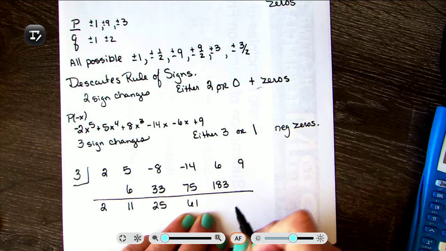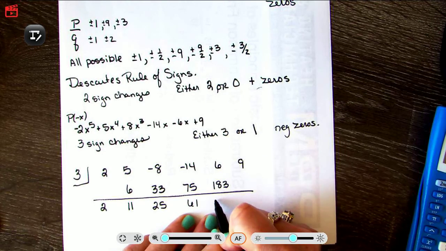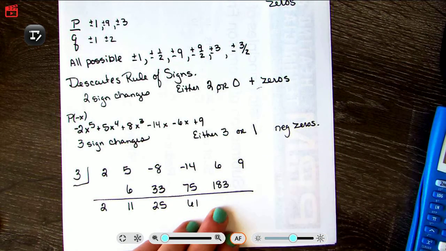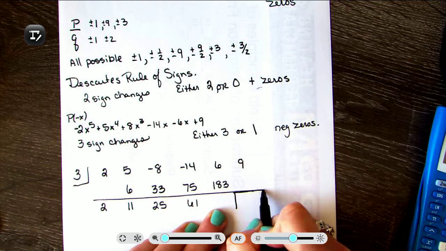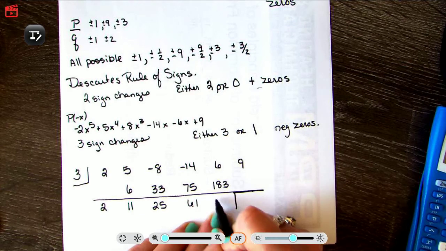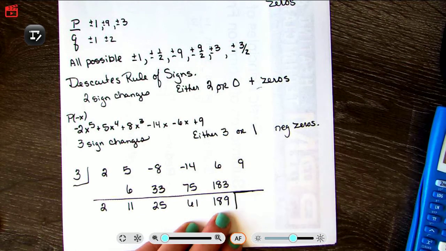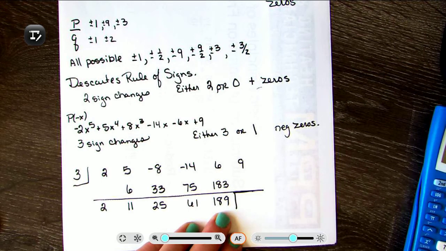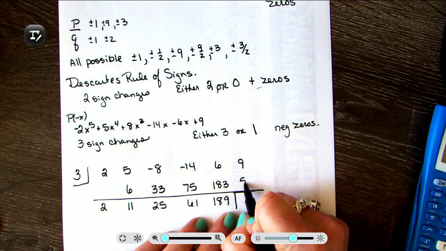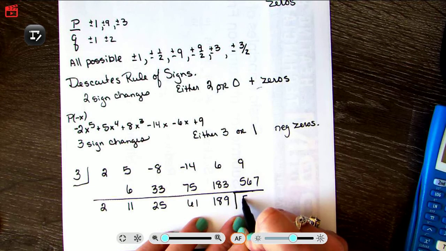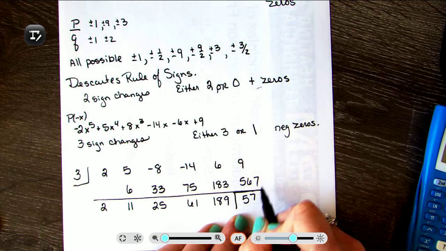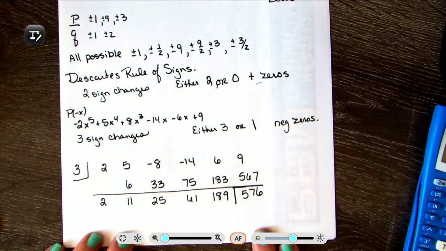Obviously it's not going to work, but I'm going to do this for a reason. I'll show you my other reason here. What is that, 189? 189 times 3 is 567. So this is 576.